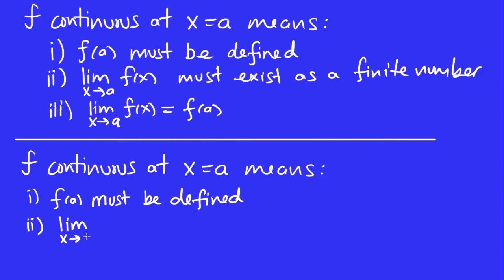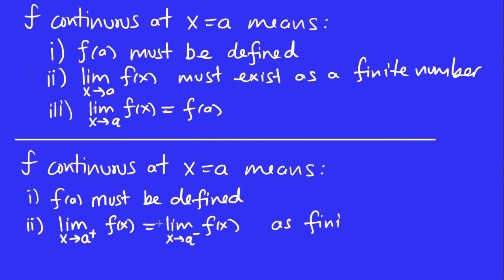Let's see what I write here. I'm going to say the right-hand limit is equal to the left-hand limit, as finite numbers, okay? So in other words, I can't have both sides being plus infinity or something.